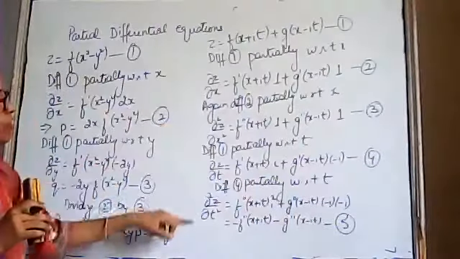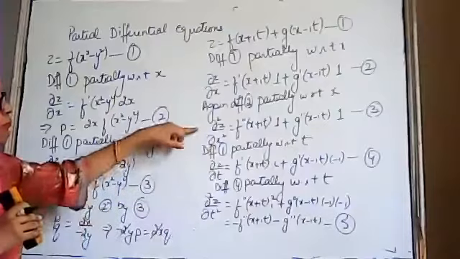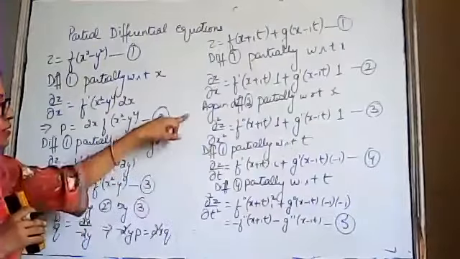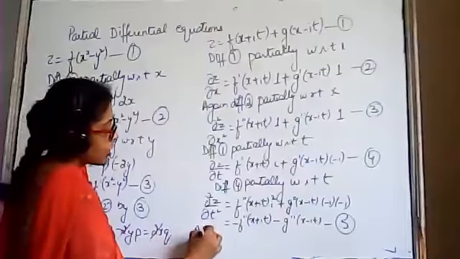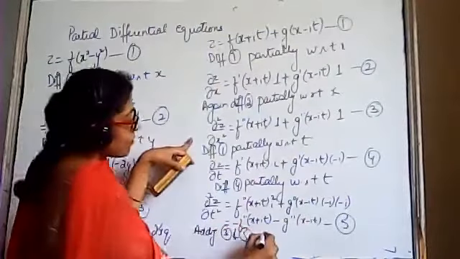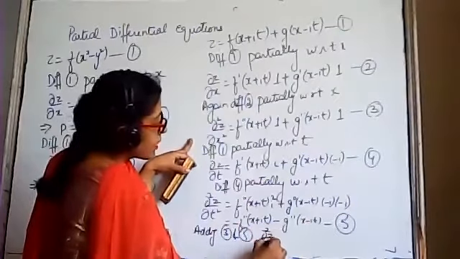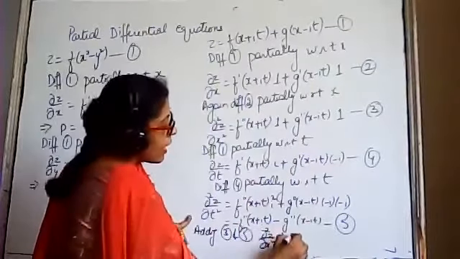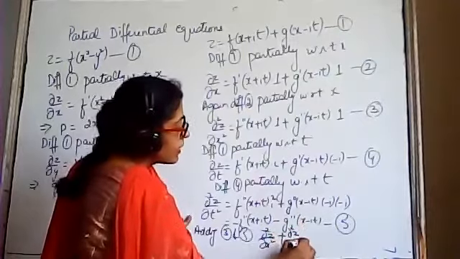Now see equation number 3 and 5. If we add these two equations, left hand side will be curly square z upon curly x square plus curly square z upon curly t square.